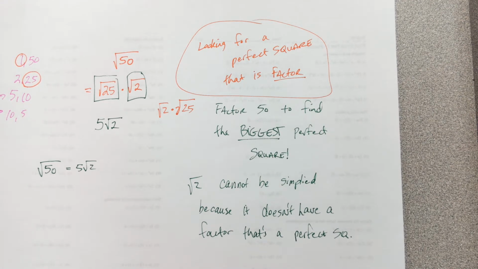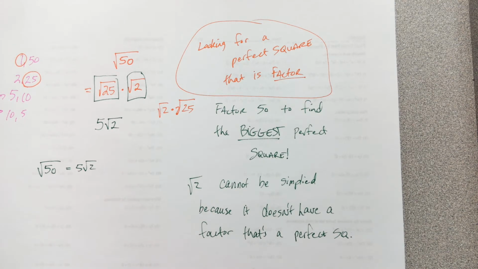Should we use our fancy calculator and see if it's true? Okay, here's our calculator. 5 times the square root of 2. Oh, I got the order wrong. Okay, square root of 2. Oh, I don't know how to use this calculator. 5 times. Oh no, I did the square root of 5.